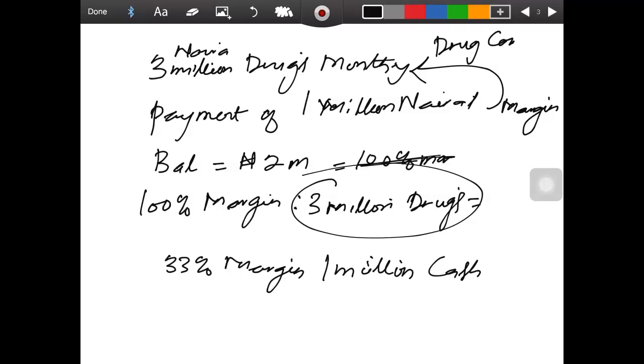He now has 4.5 million. Out of that 4.5 million naira, he returns the remaining 2 million he's owing the drug company. So he has made profit with other people's money. Basically, he has made profit using the drug company's money.